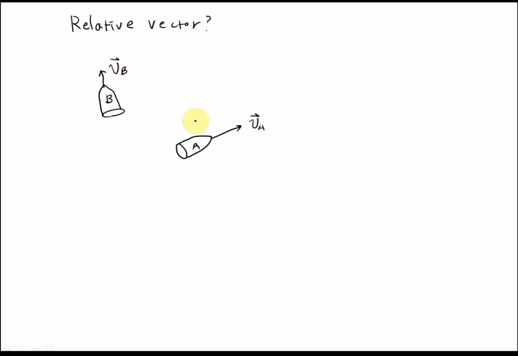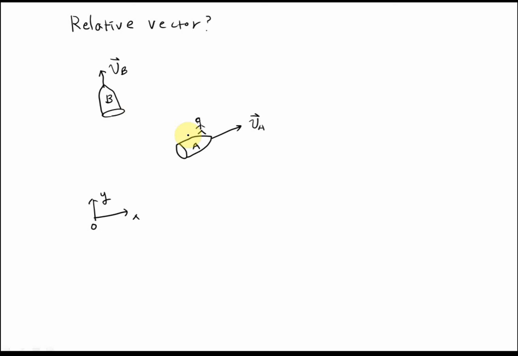Then let's say you stay with the object a, and you observe the motion of b with respect to your position. The velocity of b may be different from the velocity of b observed from the original reference point. Let's say this is the original reference point, x and y.